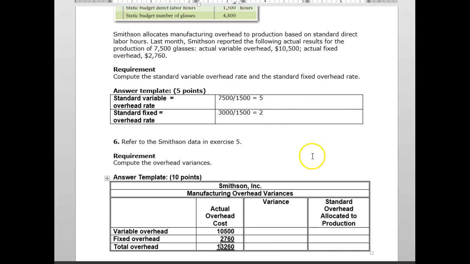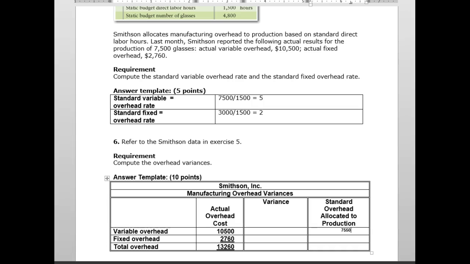Well, we're going to take our actual 1,500 hours times 5, should have been 7,500.